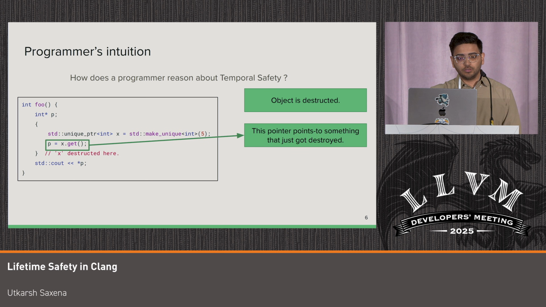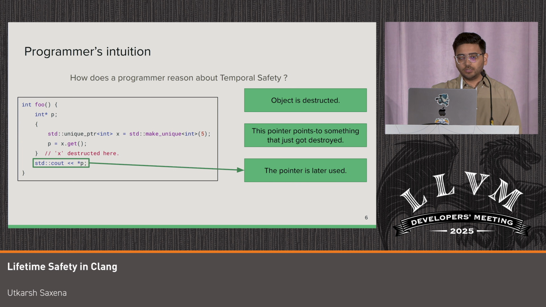Second, we care about when an alias to this storage was acquired, and whether there is a pointer that points to the thing that just got destroyed. And at a later point, we also care about whether this pointer, also called a dangling pointer, is actually used or not.